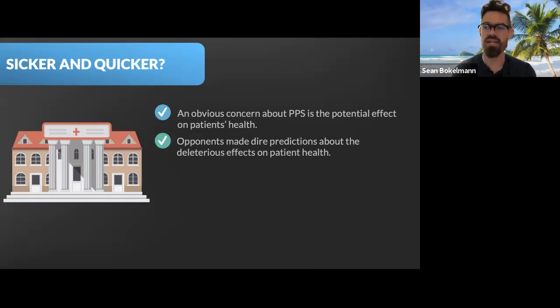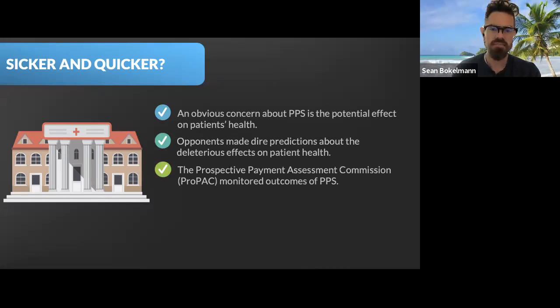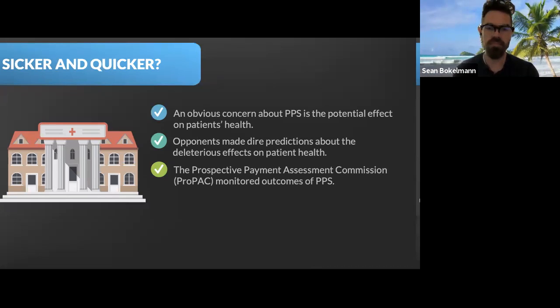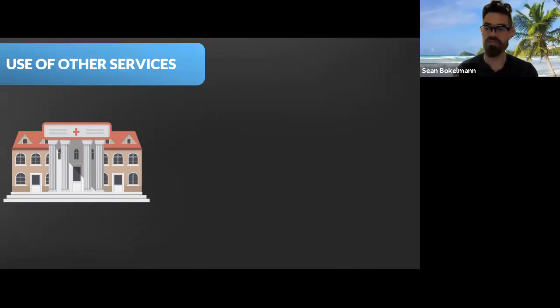And so there were many opponents that made this argument, and they were predicting very disastrous health outcomes for these patients. But fortunately, there was a commission that was part of the PPS called the Prospective Payment Assessment Commission, or ProPAC, and it monitored outcomes within the PPS system. And it was intentionally designed to try to avert any decreases in care or quality.